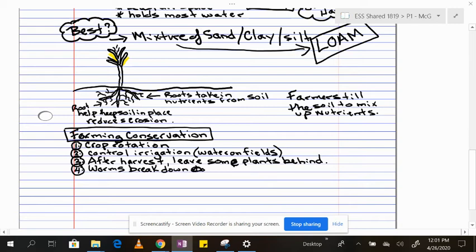They break down the ground, and this mixes the soil and gives air tunnels. And it's important to have those air tunnels, again, because we have to remember that the plant's roots also need to go ahead and breathe. It's really important for that.